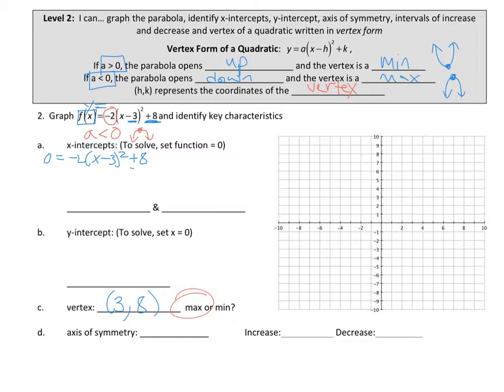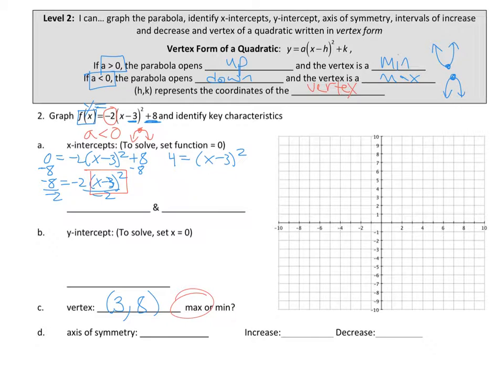So I'm going to subtract 8 from both sides. We get -8 equals -2 times the quantity x minus 3 squared. I'm trying to get the part being squared by itself, so I'm isolating that. Now to do that, I'm going to divide both sides by -2 to get rid of that -2, and we get 4 equals quantity x minus 3 squared.